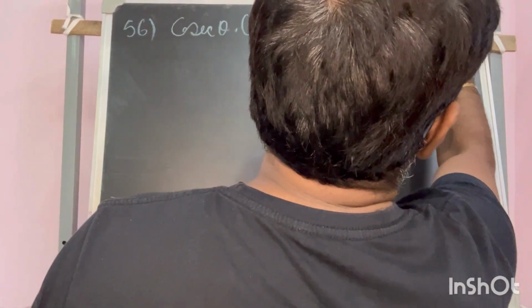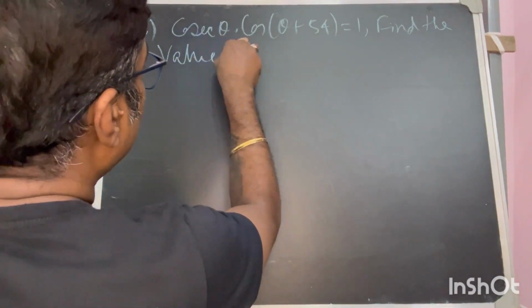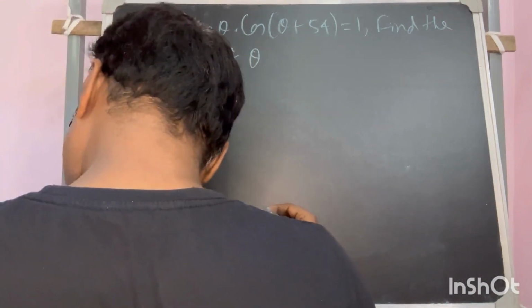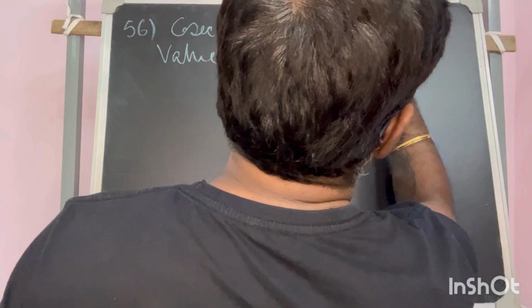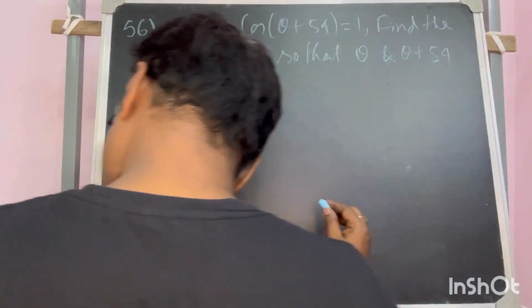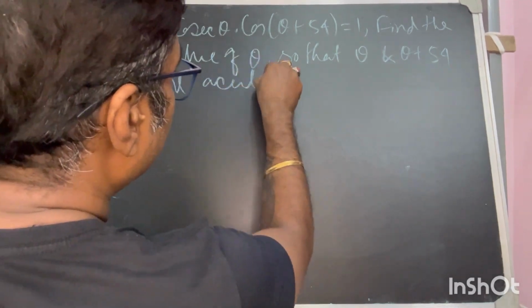Find the value of theta so that theta and theta plus 54 are acute angles.